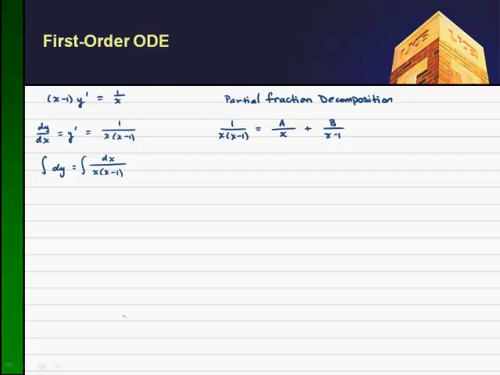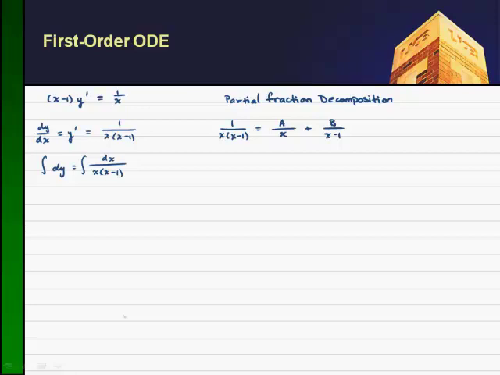If they were quadratic, I'd put a linear factor above. In a partial fraction decomposition, we're trying to find the constants a and b such that a over x plus b over x minus 1, when added, gives 1 over x times x minus 1.